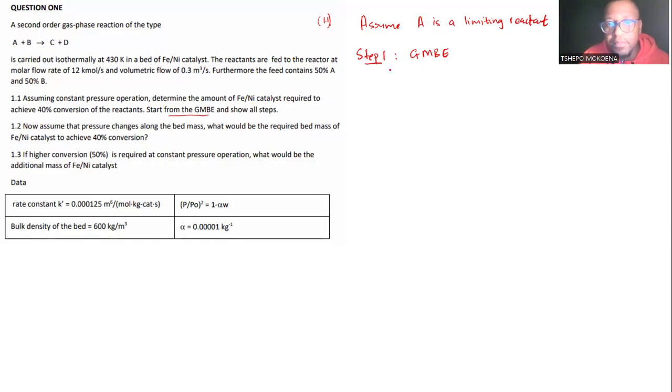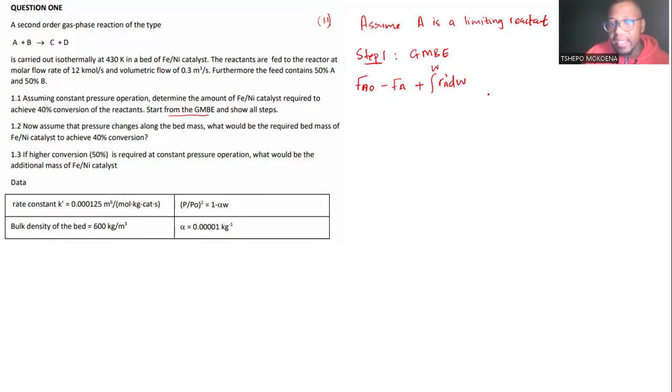balance equation, right? So the general mole balance equation for this chemical reaction over here, since we assumed A to be the limiting reactant, we have the flow that goes into the system, which is denoted by F sub A0, minus F sub A, the molar flow rate that leaves the reactor, plus the integral of what is changing, the variable that is changing, which is mass, denoted by W. Rate of reaction, we put a prime on top to indicate that this rate of reaction is a function of mass, r_A prime dW, right?